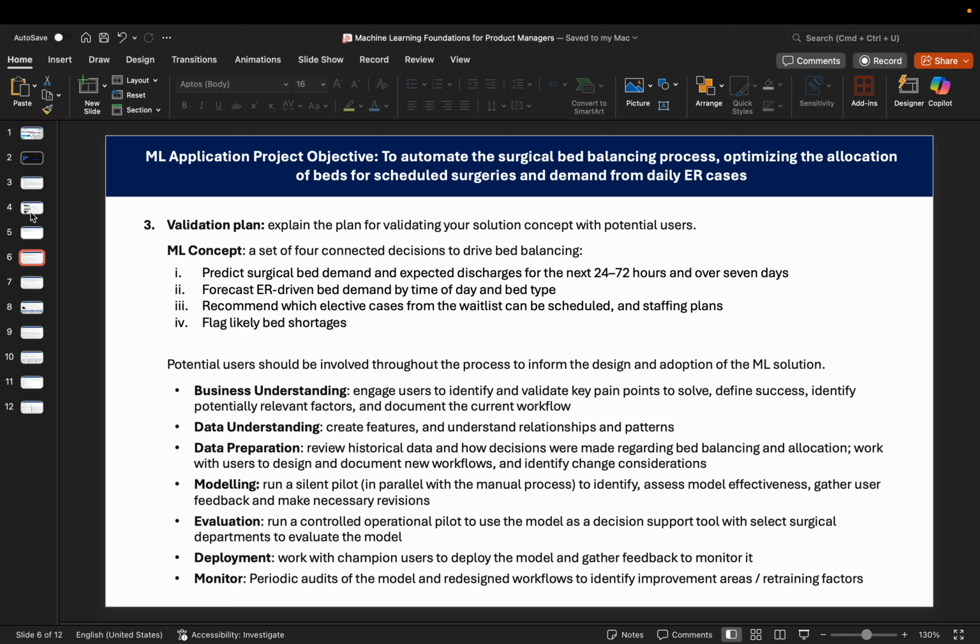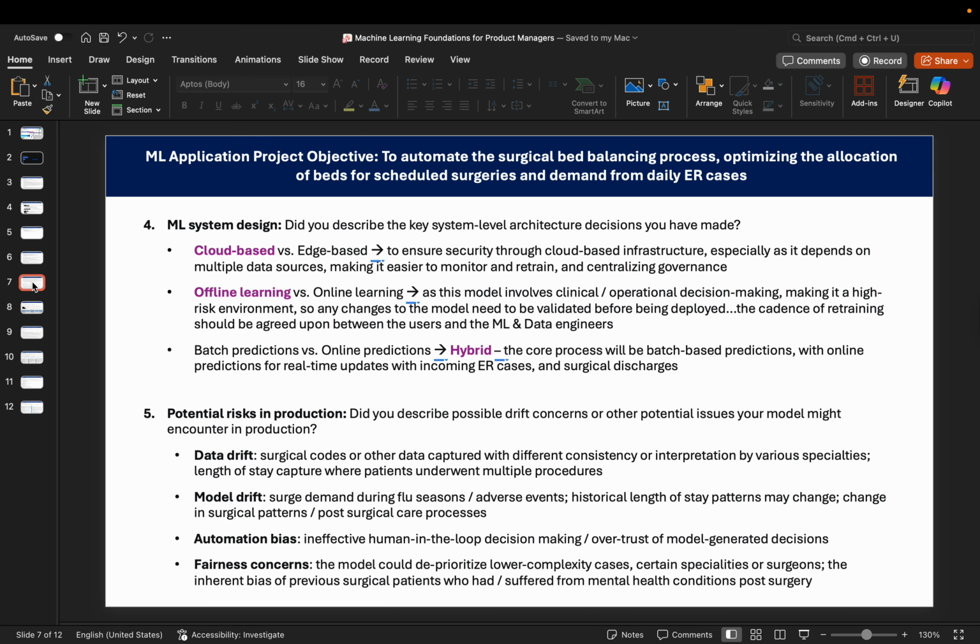There you use the model as a decision support tool with select surgical departments to evaluate the model, and then make necessary changes based on threshold performance. And work with champion users to deploy the model and gather feedback and monitor it. And in the monitor period, do periodic audits and assess how the redesigned workflows are working, and identify any improvement areas and retraining factors for the model.